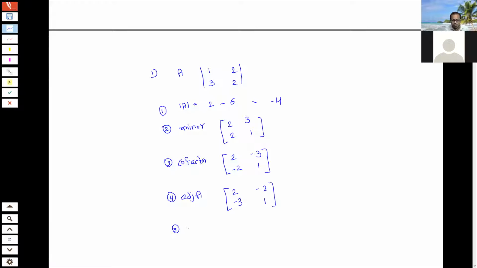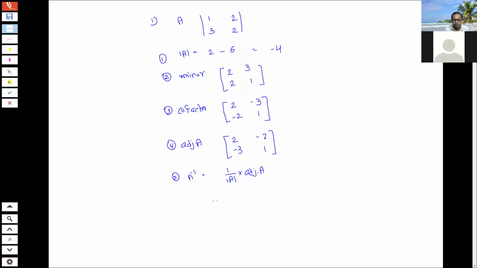And in the fifth step, I can find the inverse matrix, 1 upon determinant of A into adjoint of A. So 1 upon what is determinant of A? -4 into adjoint, which is 2, -2, -3, and 1.